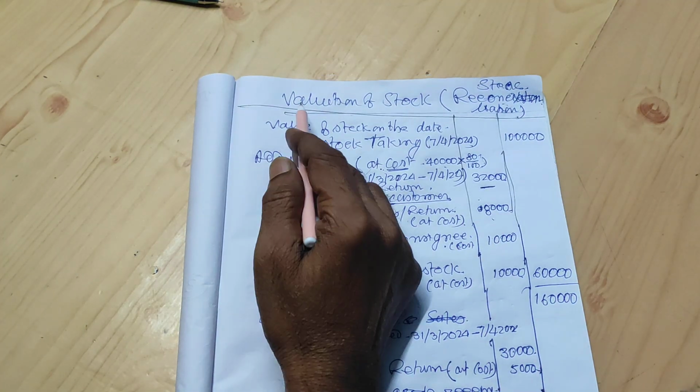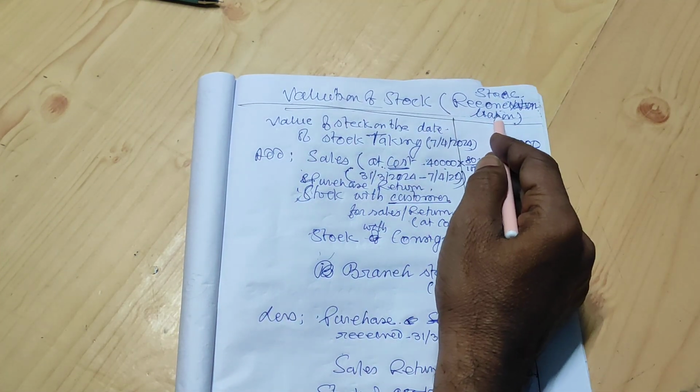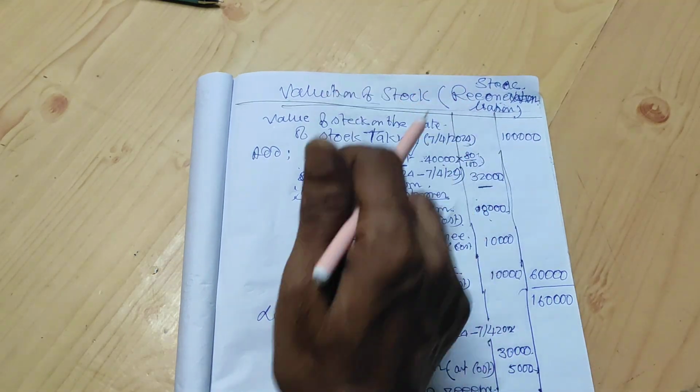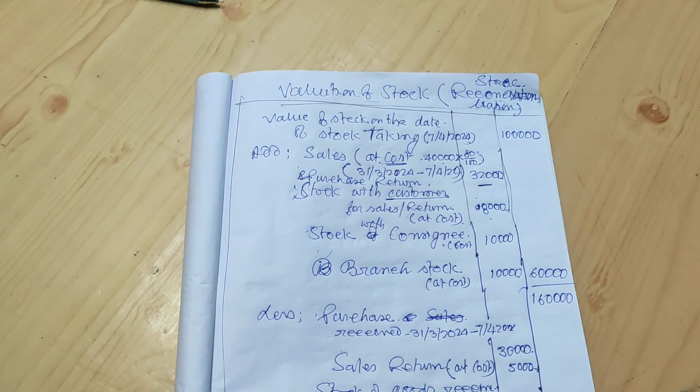So this is the sum of stock valuation as reconciled from the later date to the earlier date. Okay, this is over for the day.